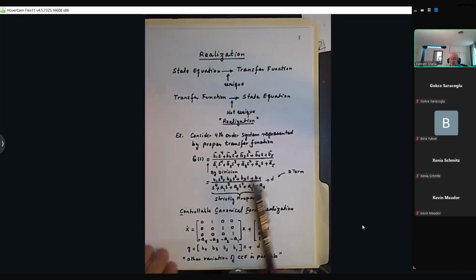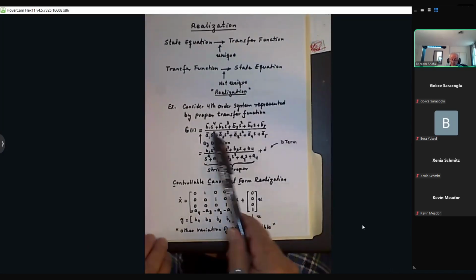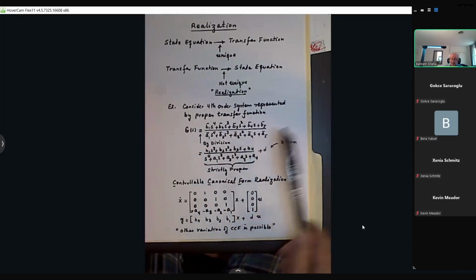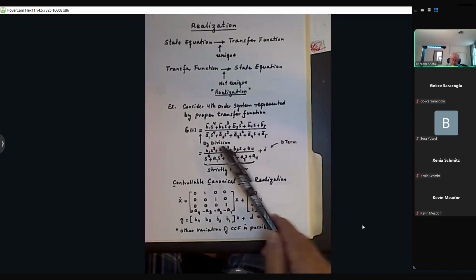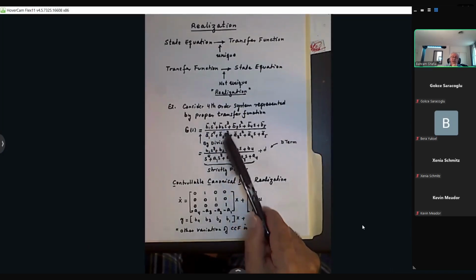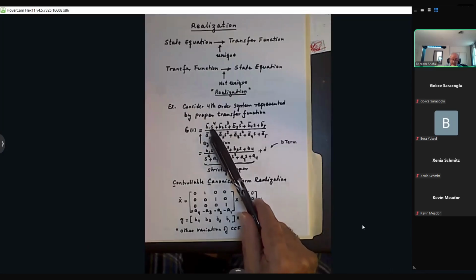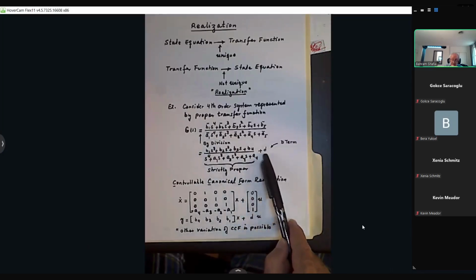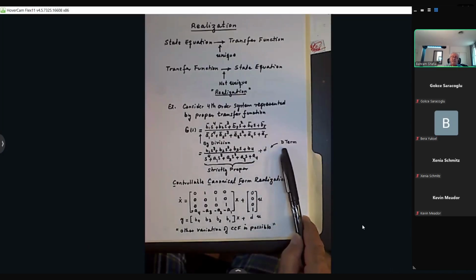Here is one example, a fourth order system, which is represented in this fashion. Now, since the polynomial of numerator and denominator are equal, you can divide to get some sort of a constant term, and that constant term defines the D term that I defined in ABCD matrices.